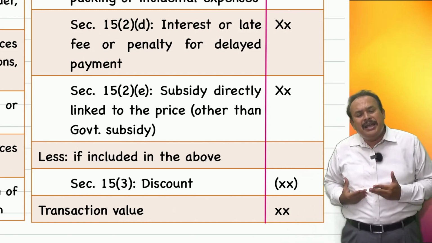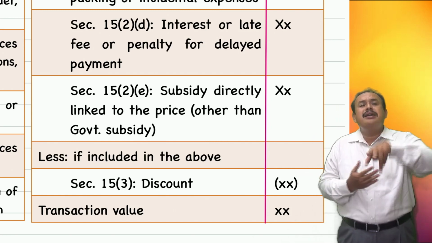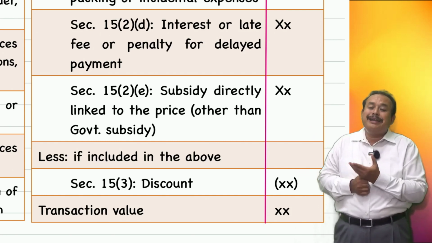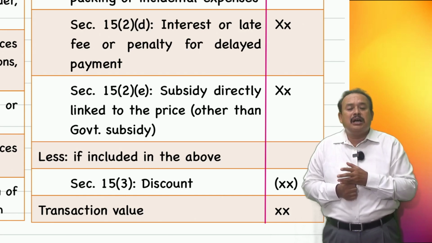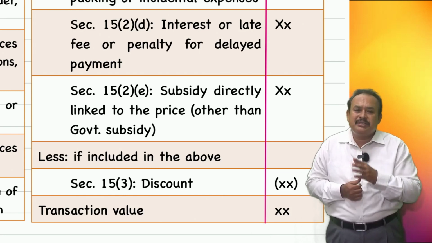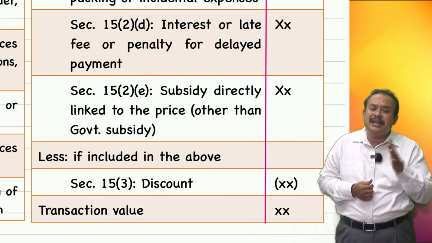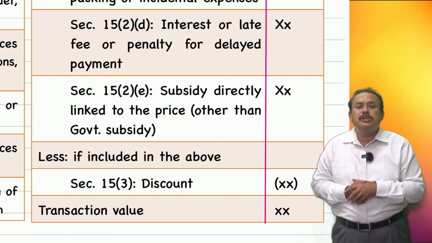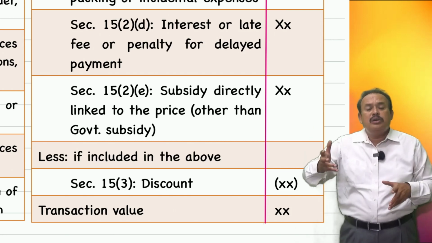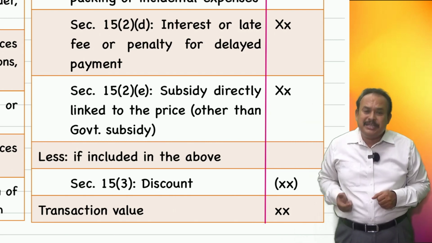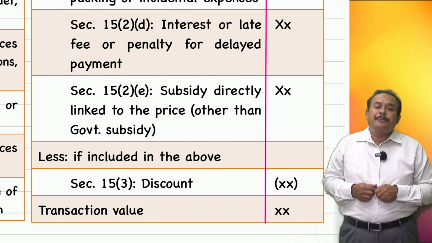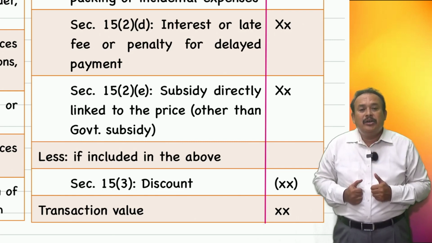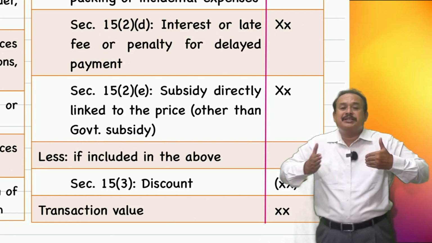What do you mean by not directly linked to the product? I will tell you. If the subsidy is not directly linked to the price, that means it is indirectly linked. What do you mean by this? Now the holding company is giving subsidy to me to purchase land for my expansion of business.